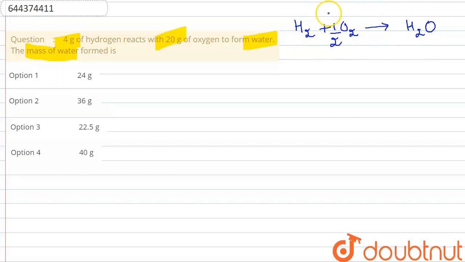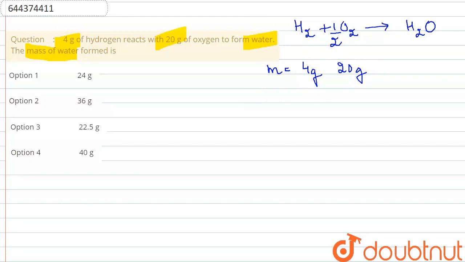Now after balancing the equation, let me write down the data which is given to us. So mass of H2 is how much? Mass of H2 is 4 gram, which is given to us, and that of oxygen is 20 gram, which is also given to us, right? So from this what we'll do is we'll find out the number of moles.